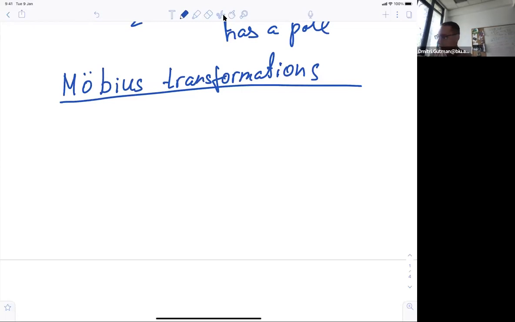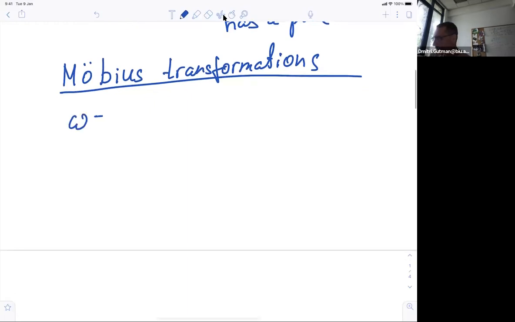And this particular transformation is just a prototypical example of such a transformation. So today we're going to study the properties of this transformation in a bit more detail. Let me still focus on the same transformation W equal 1 over Z and see what else we can say about it.